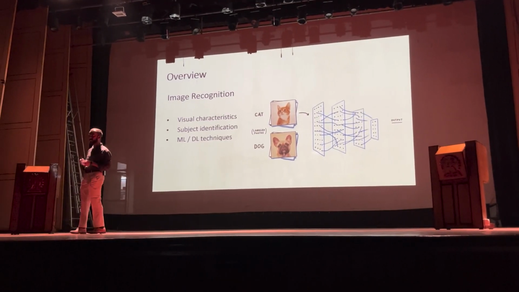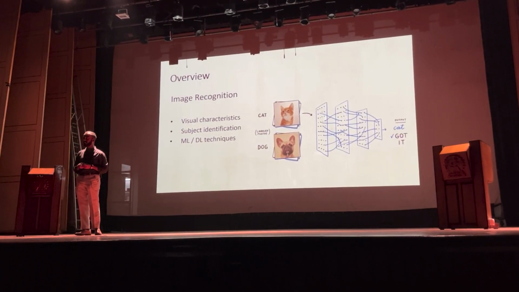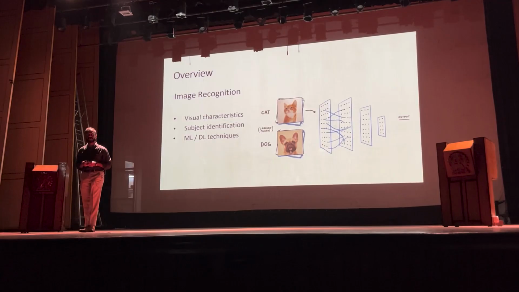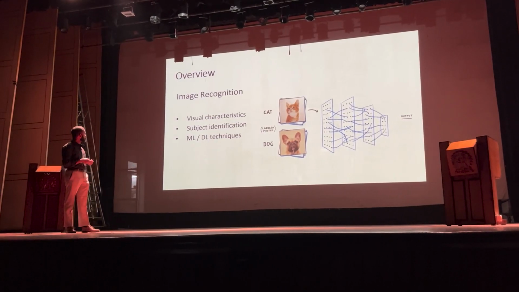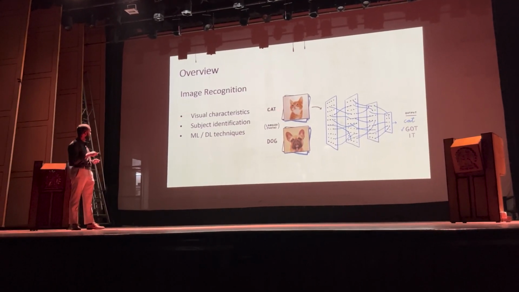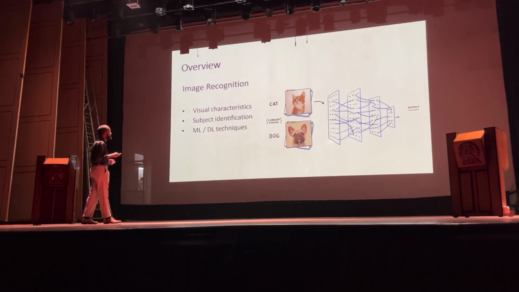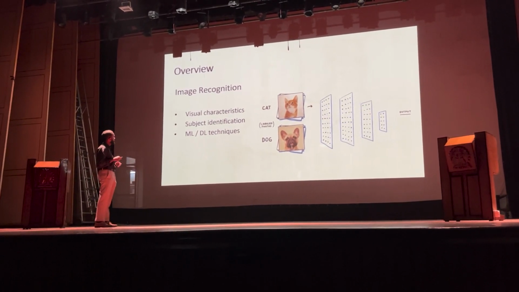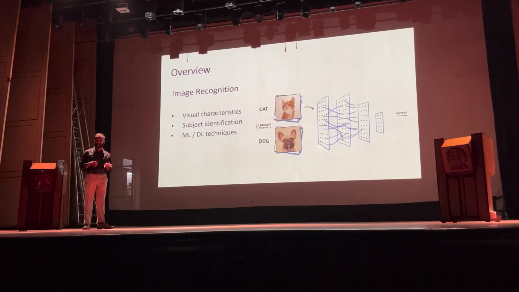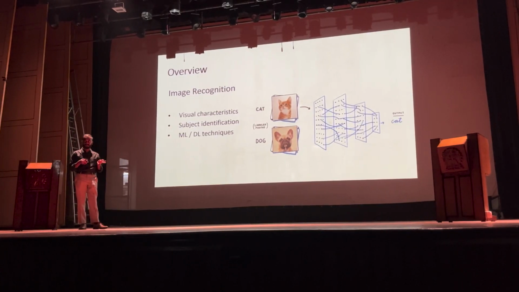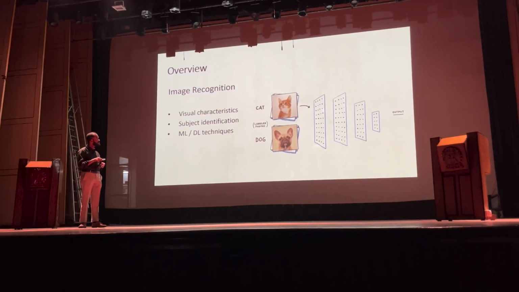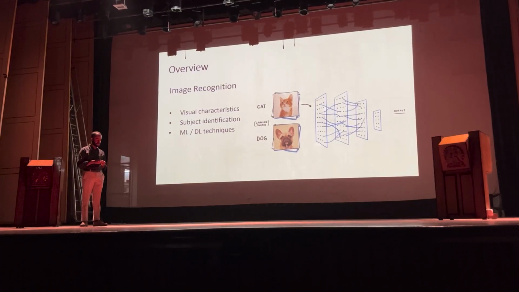So it's kind of like a supervised learning approach or technique that you can see over here. It tries to learn the different visual characteristics from the images, and then it identifies what exactly the subject is based on the characteristics, and you can do this using deep learning techniques.